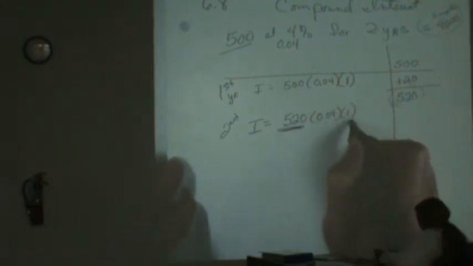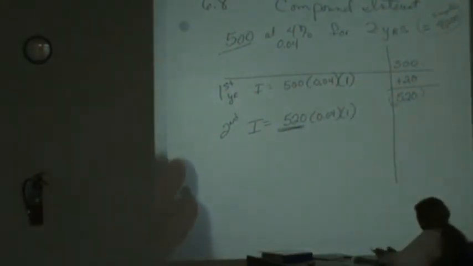This is your second year. You're getting interest on 520 at the same rate for a year. Okay, so how much is that going to come out to? Be over 20, but not much. 28? $28.